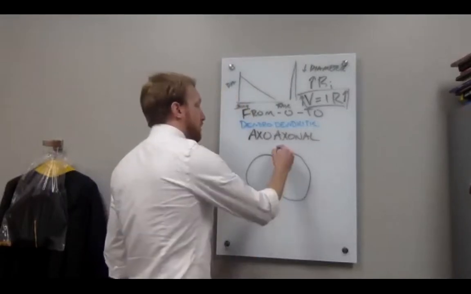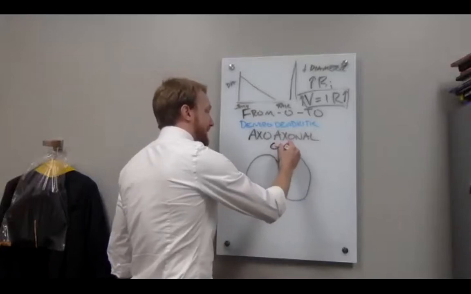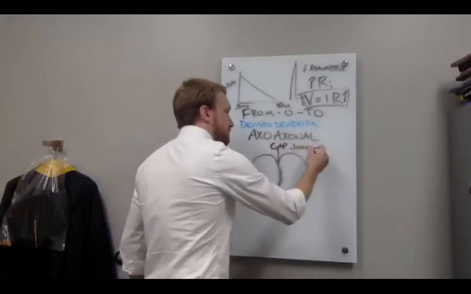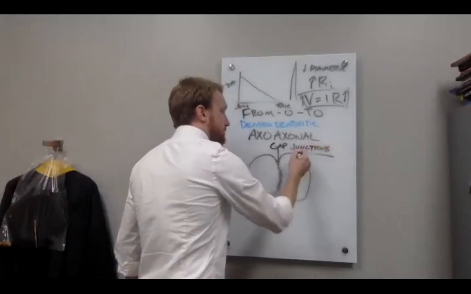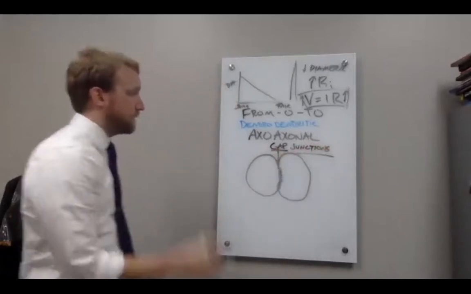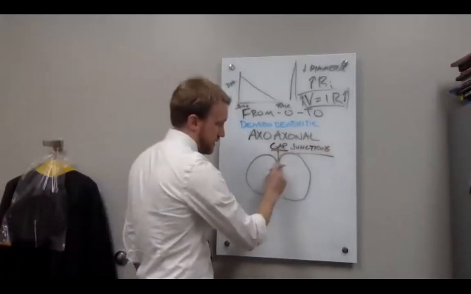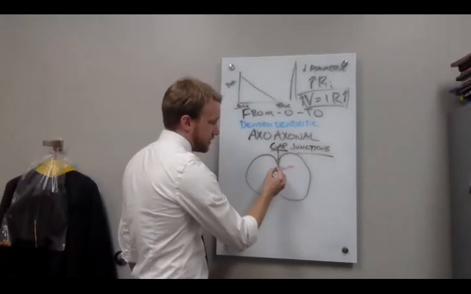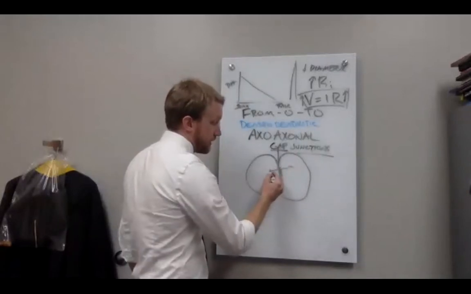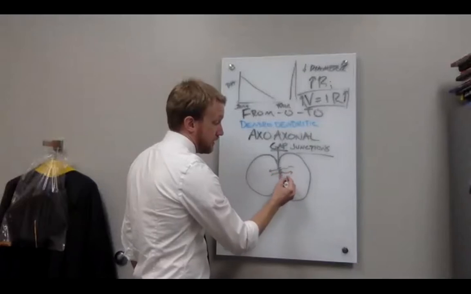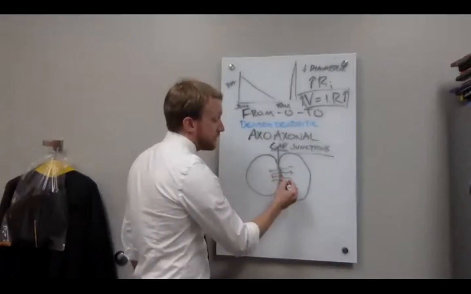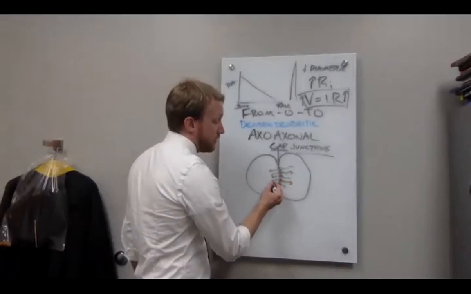And they form what we call gap junctions. So they're connections between cells that have a little gap in them, a little space, so that we get free exchange of cytoplasm, both directions. So these cells can effectively act as one.